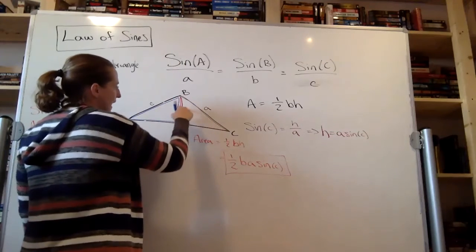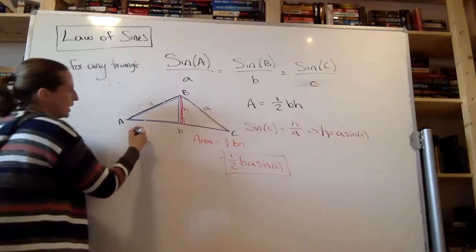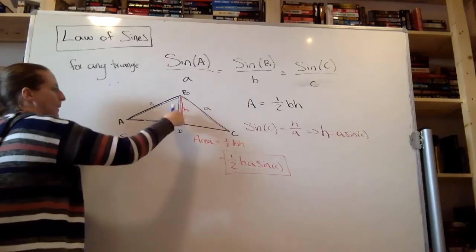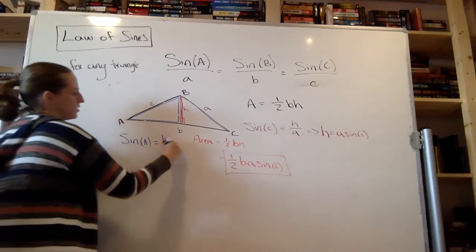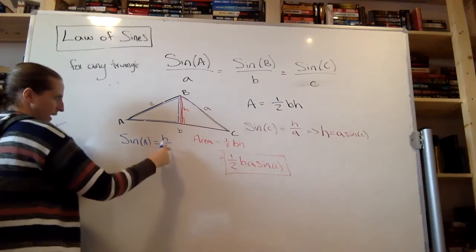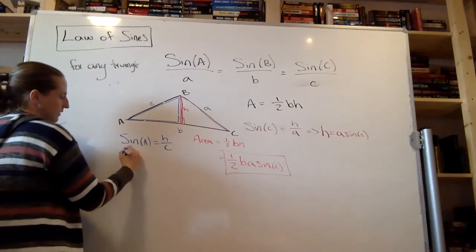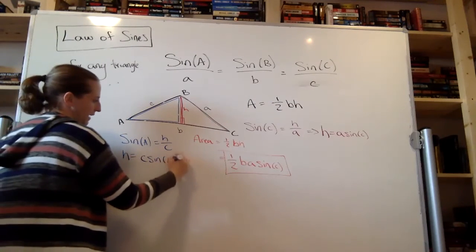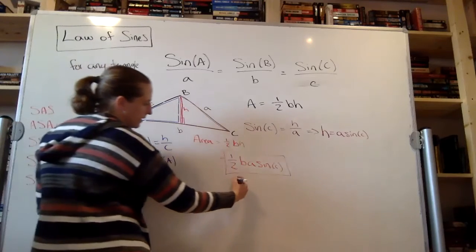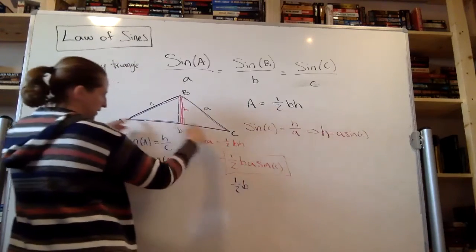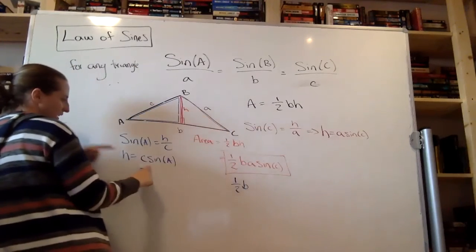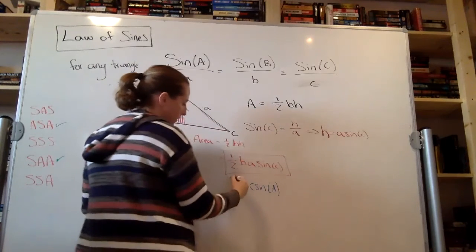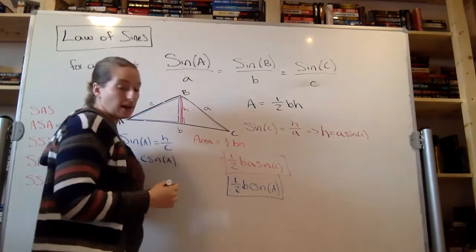And if I want to rewrite the height relating to the sides that I know, well, if I think about angle A, I can think about sine of A is opposite over hypotenuse, or h over c, which again, solving for h by multiplying both sides by c gives me h equals c times sine of A. So I could also rewrite this formula as 1/2 times the base, here's my base, times my height, but now I can think of my height as c sine of A. So here's a second way to think about the area of a triangle.